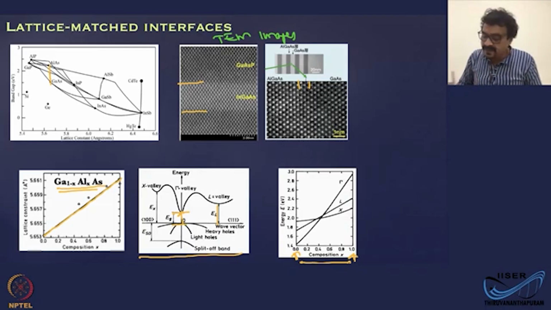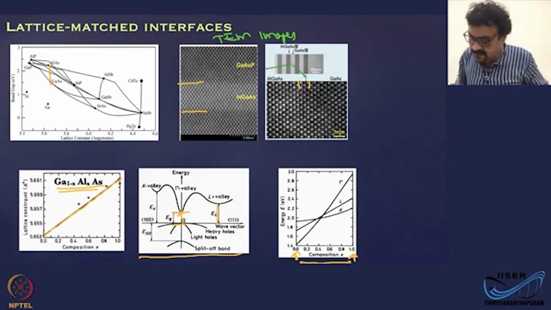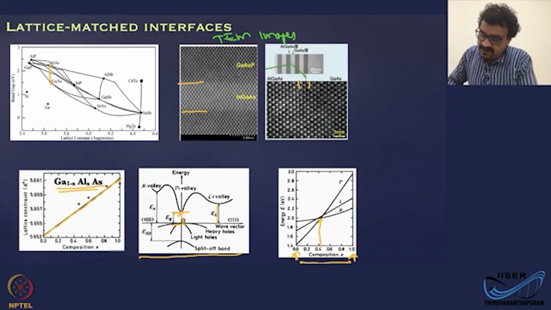When you do that, you start from gallium arsenide and you become aluminum arsenide, and in between this is gallium aluminum arsenide. Now you can see that until a fraction of close to 0.4, this gamma is the direct band gap.